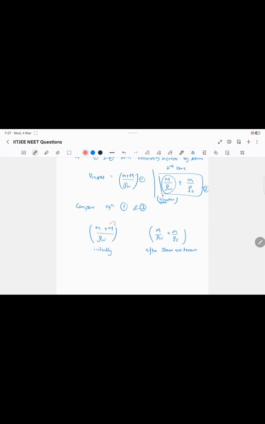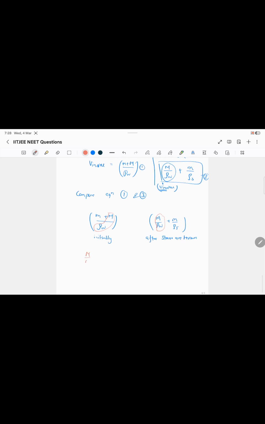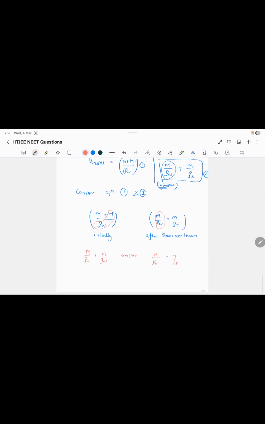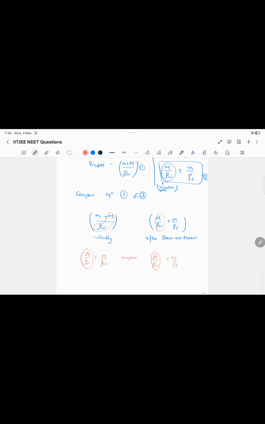Here capital M by rho w is there, and the same term is there in the third case, along with small m by rho w versus small m by rho s. So these two terms are the same, so can I cancel like this?